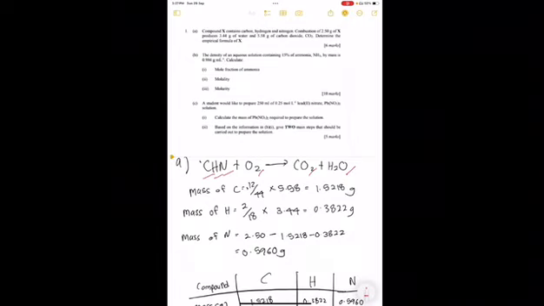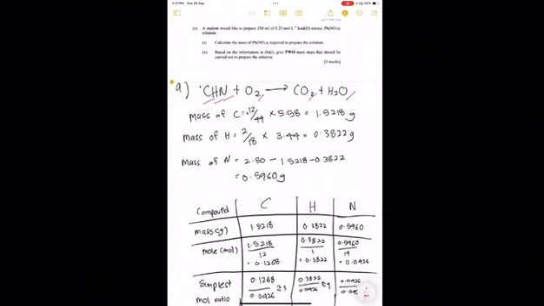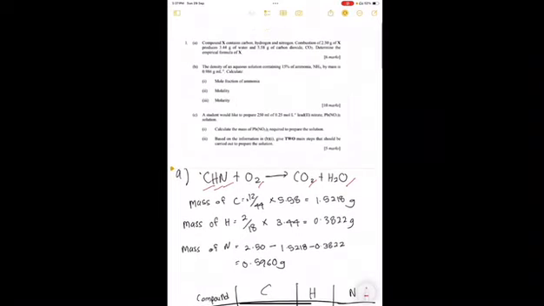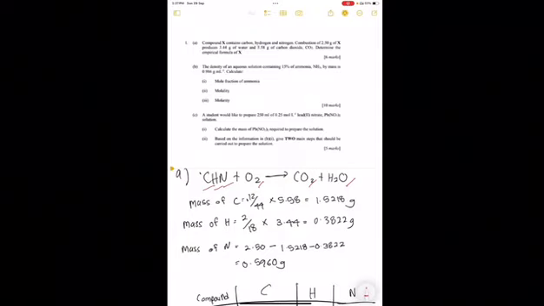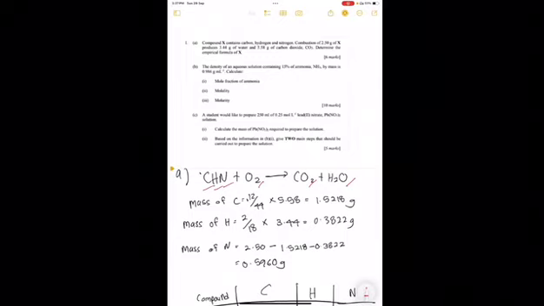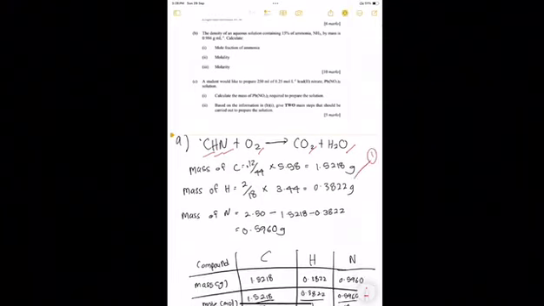So firstly, as usual, to find the empirical formula, we need to have the mass of the element first. So firstly, we're going to find the mass of carbon, which we will use the molar mass of carbon over the molar mass of CO2 times the mass of CO2. So we can get the mass of carbon, which we will get 1 mark.